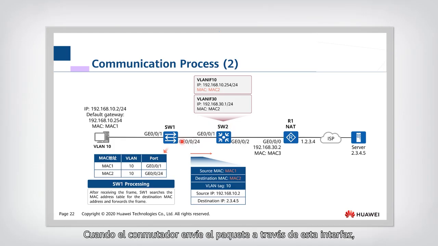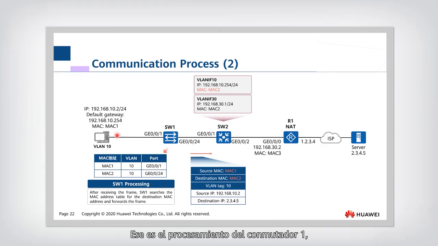When they send out through this interface, because the type of this interface is trunk, they will add the tag. So the packet on this link should have a VLAN tag 10 on it. And the other fields keep the same as the packet here.